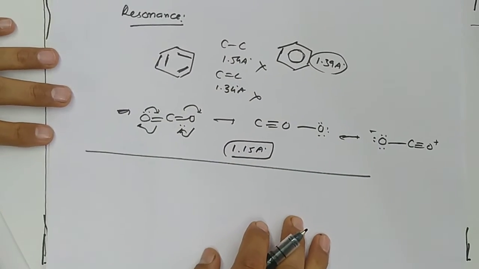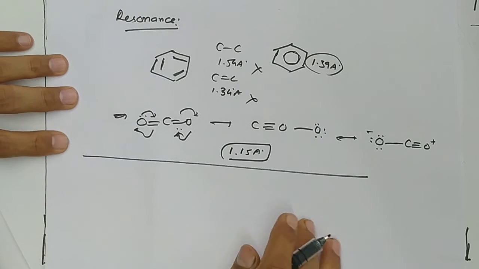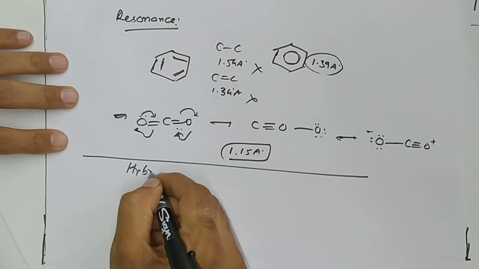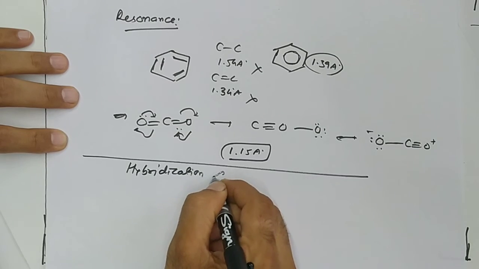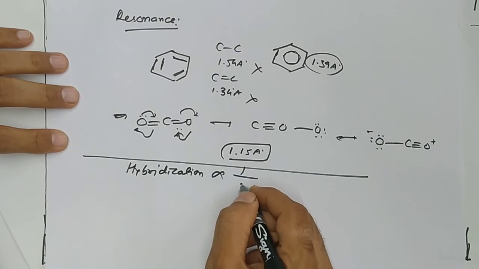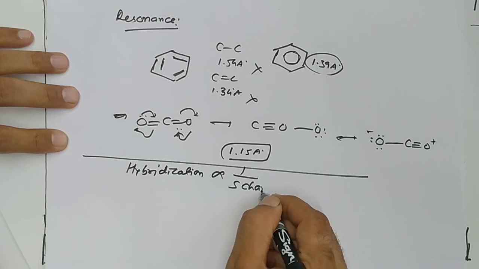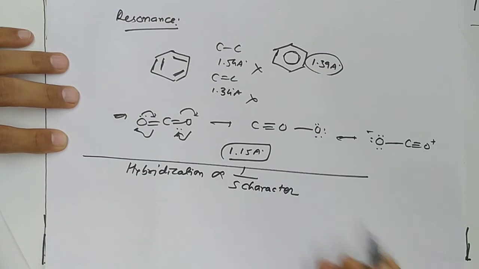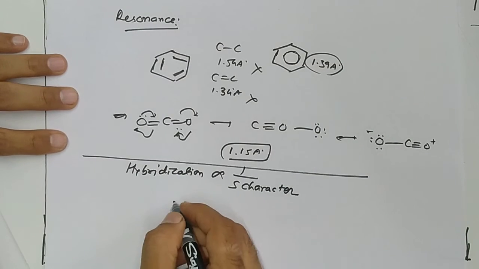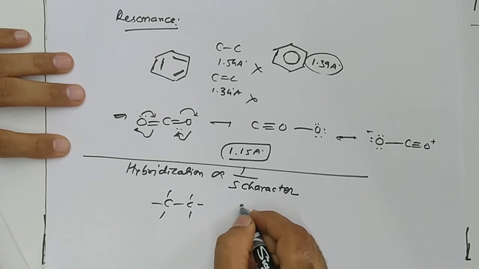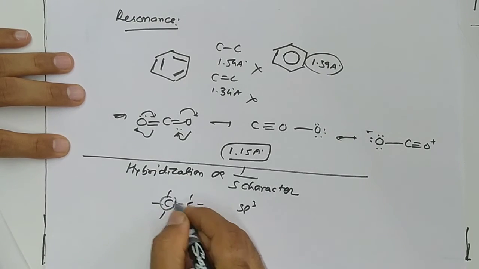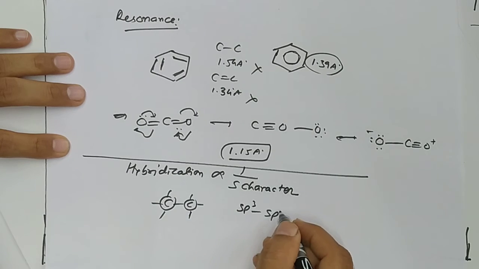Now the last and final point, hybridization, is inversely proportional to S character. In ethane there is a single bond. Both carbons possess sp3 hybridization.